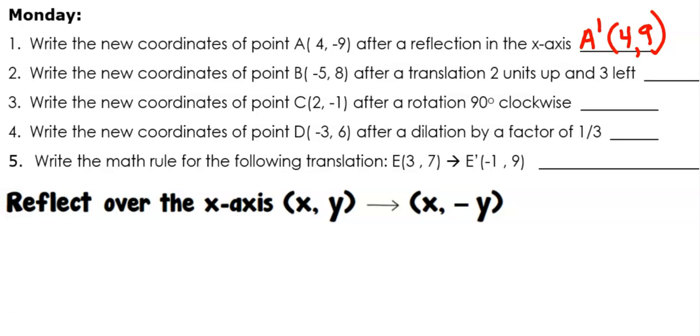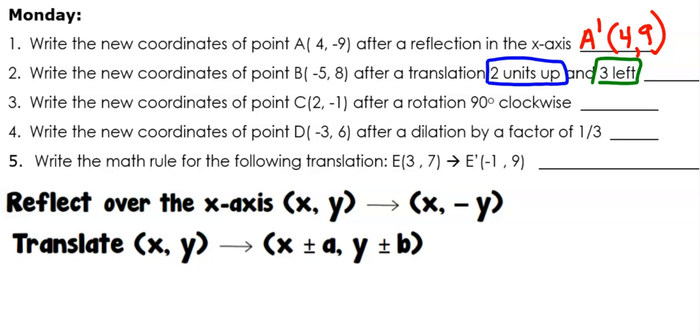The x-coordinate stays the same, but the y-coordinate changes signs. The second question asks you to perform a translation 2 units up and 3 units to the left. When you translate, you add or subtract to the x and y coordinates. The x coordinates move left and right, so this one would be changed by 3, since the direction is 3 to the left. When you go left, you subtract 3.